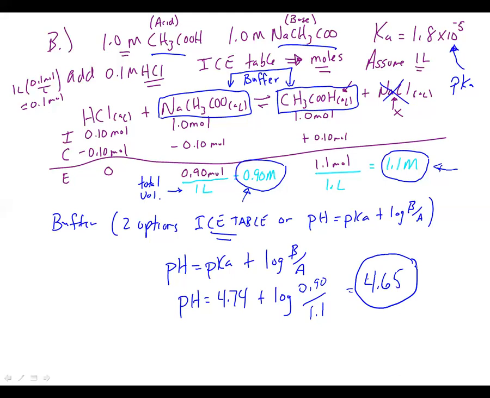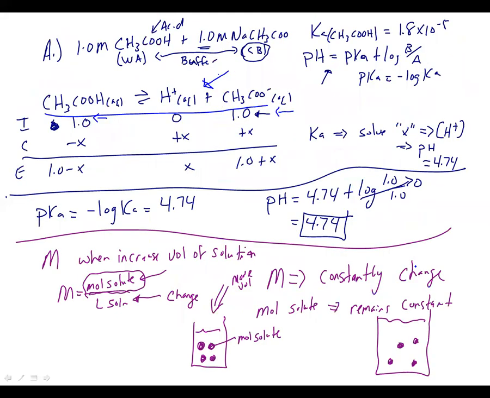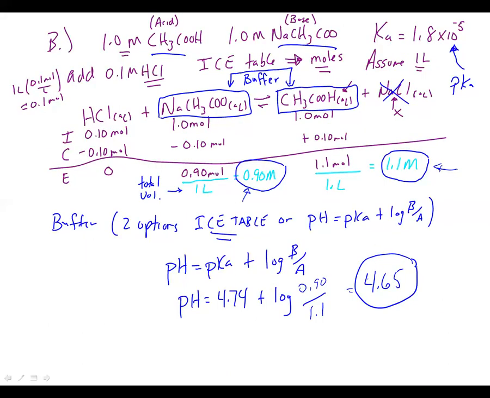So let's talk about a couple of things here to see what happened. Looking at part A, this was our buffer with nothing added to it. So this is where our buffer started. It started out at pH of 4.74. We then added some strong acid to this buffer.